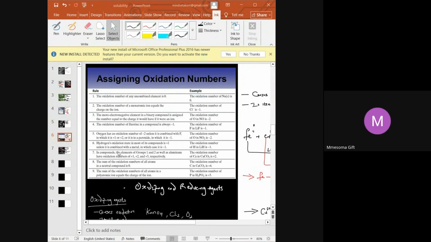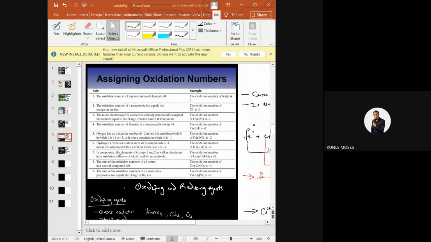The oxidation number of sodium is +1. Yes, +1. So the oxidation number of hydrogen, wait, let me write it down. +1 plus X equals 0, so X equals -1. So hydrogen is -1 when it combines with sodium.